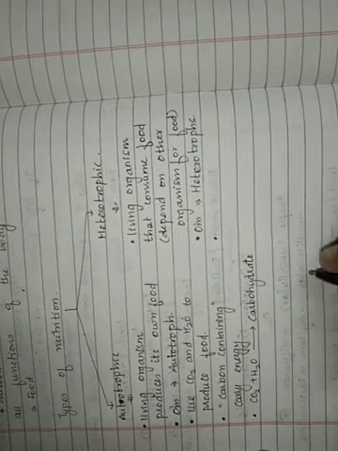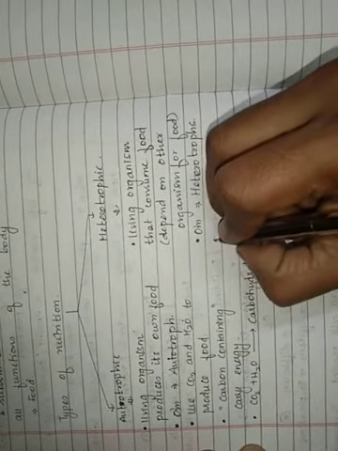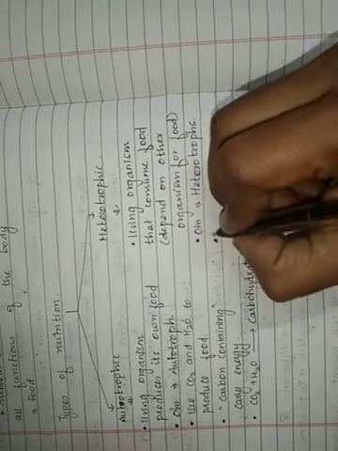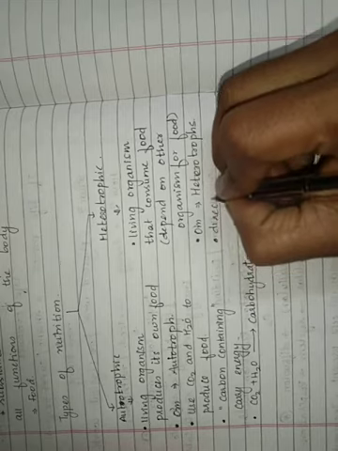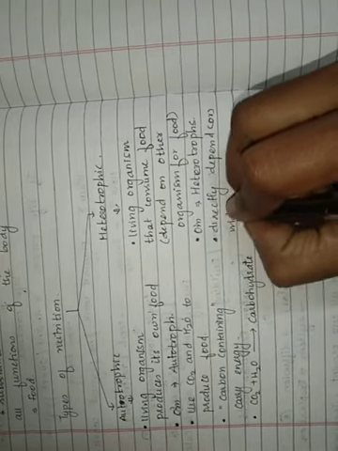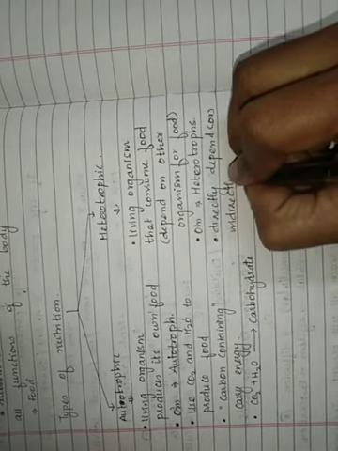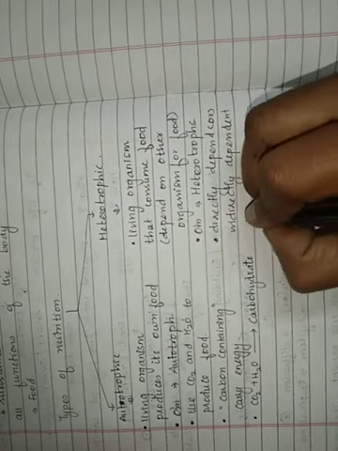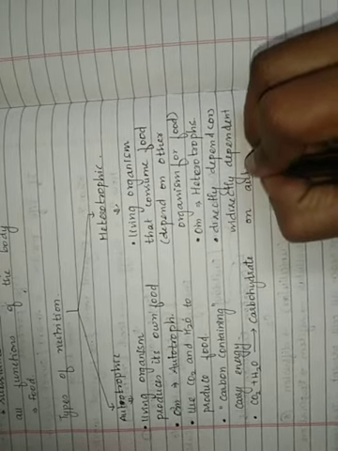Whereas heterotrophic organisms are going to consume food, that is, they are either directly dependent or indirectly dependent on autotrophs.